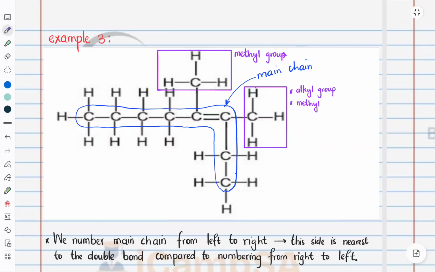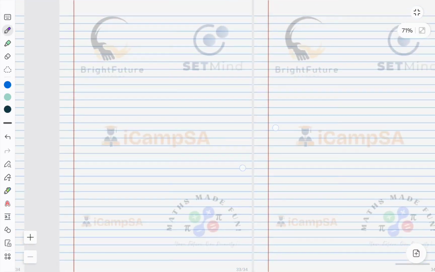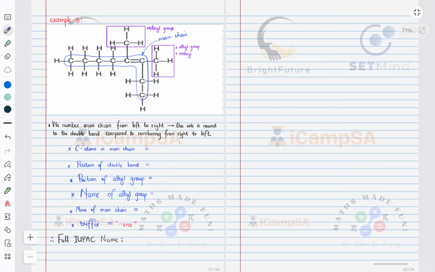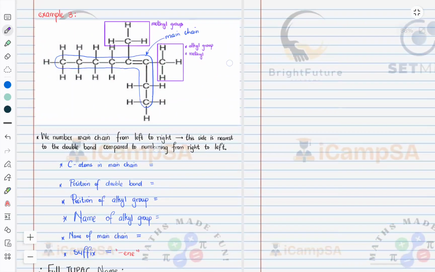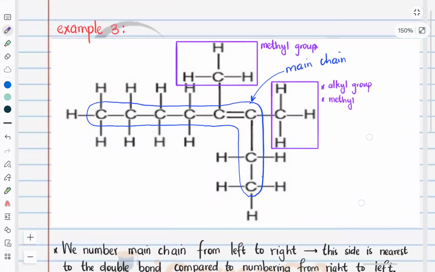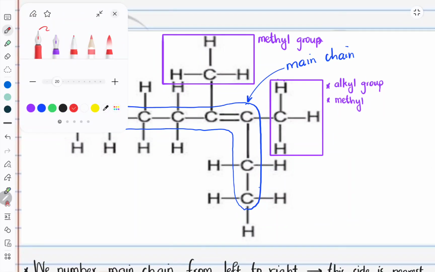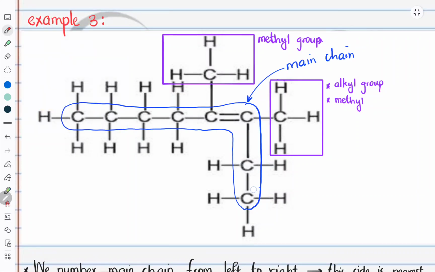So our main chain has 9, was it 9 or 8? 1, 2, 3, 4, 5, 6, 7, 8. It has 8 carbon atoms. All right, so let's start numbering it and see which side is better. From just looking at it, I can see that it's better to number from the right going to the left, which is from this side. 1, 2, 3, 4.